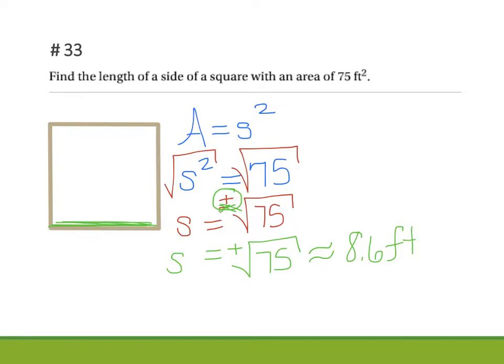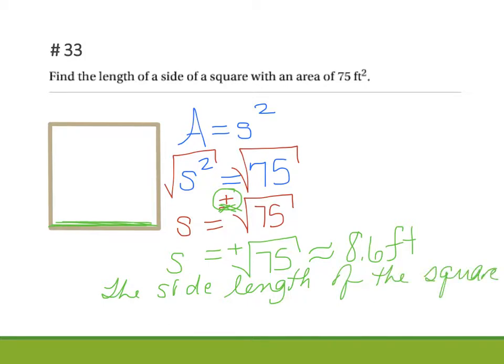Then we can write the answer to the question in a statement. The side length of the square is approximately 8.6 feet.